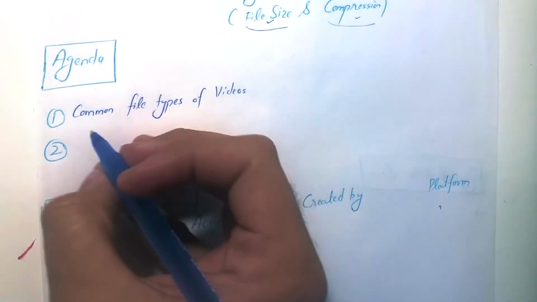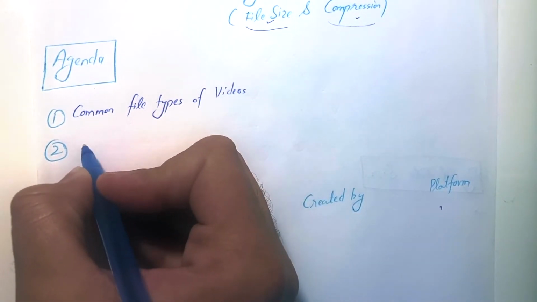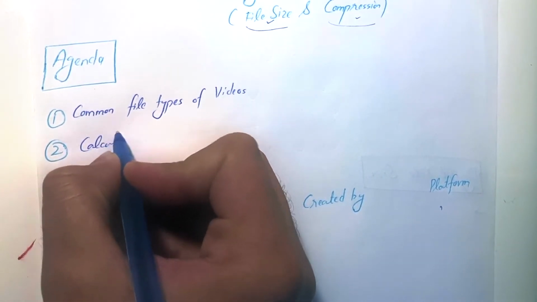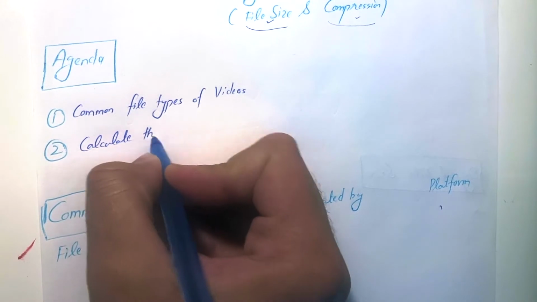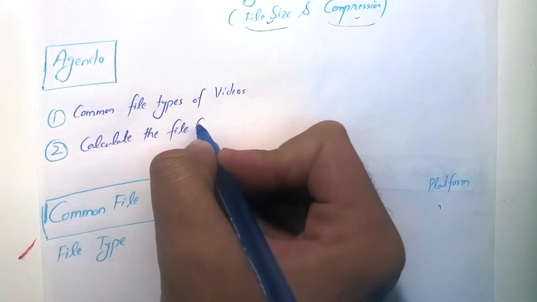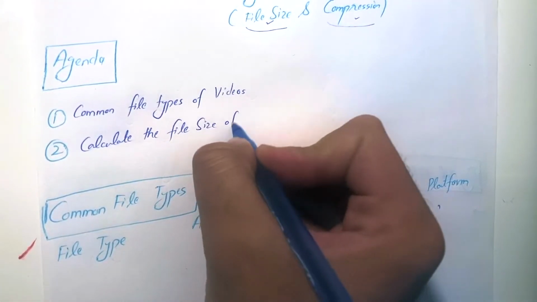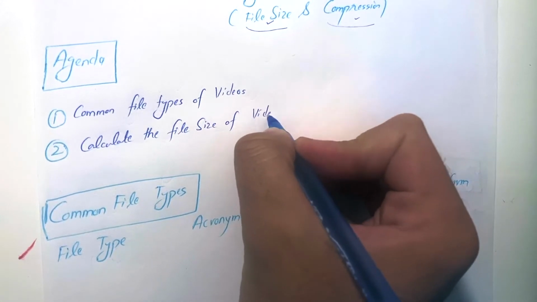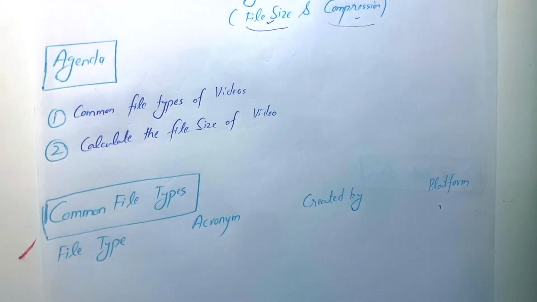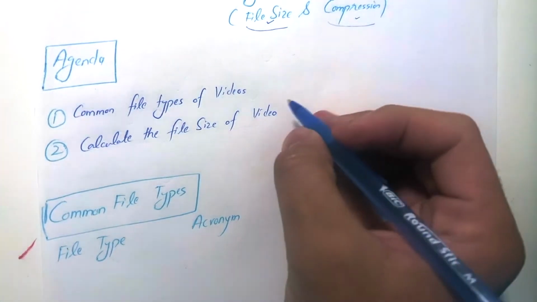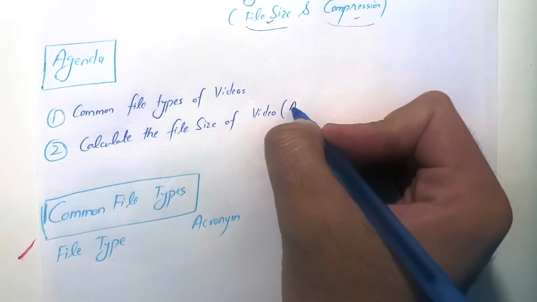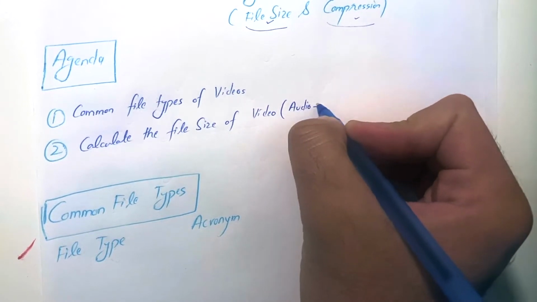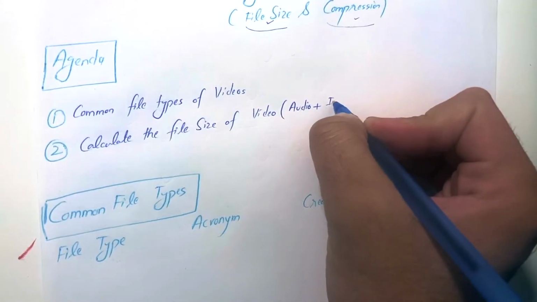The second is we will calculate the file size of video. And I'll visualize for you how many components there are in a digital video, because as you know, a digital video is basically a combination of an audio part plus an image.